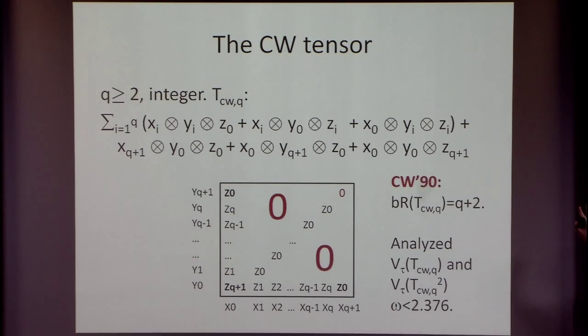Okay, so now I'll give you some ideas about how they approached this and how they analyzed the value of this tensor, and then show you how we improved omega after that.